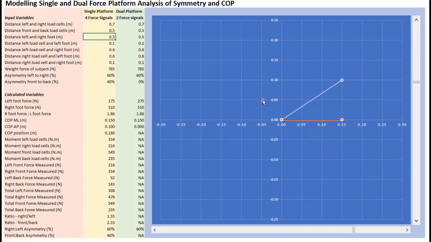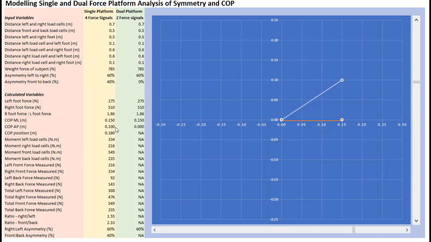The distance between the 2 feet, whilst we've entered it here at 0.5, is not actually required to determine the center of pressure for a single plate system. The center of pressure for a single plate system can be measured simply using the 4 load cell signals. So this is reflected here in the actual center of pressure location in the anterior-posterior plane.